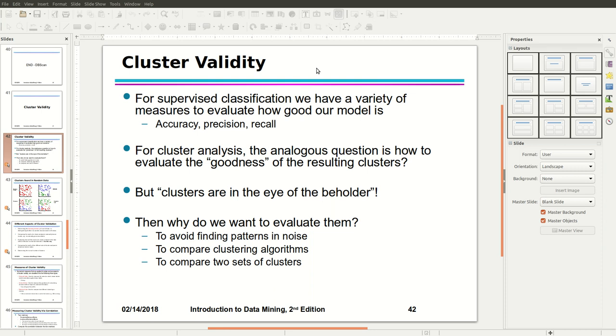As you can see, we have a high number here, and you can calculate entropy for this cluster using this formula: the sum of p_ij times the log of p_ij. You come up with an entropy of 1.2, and purity, which is sort of the reverse, how pure the cluster is, of 0.74.